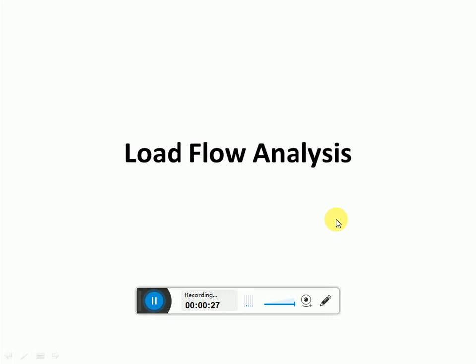The load flow analysis or power flow analysis in power system is required to know the state of a power system. Mostly this load flow analysis is done to get the information about the power system.